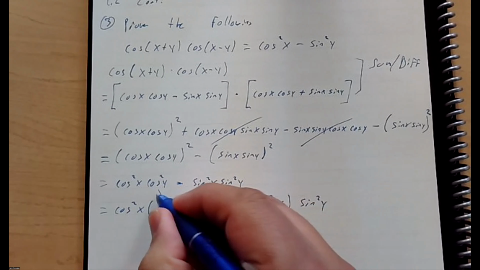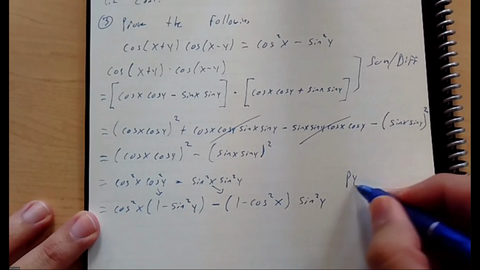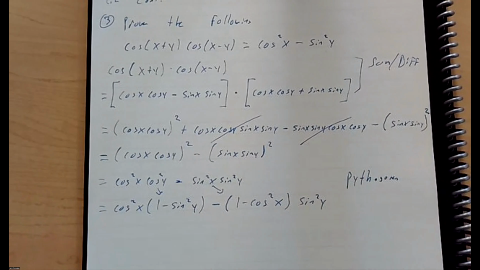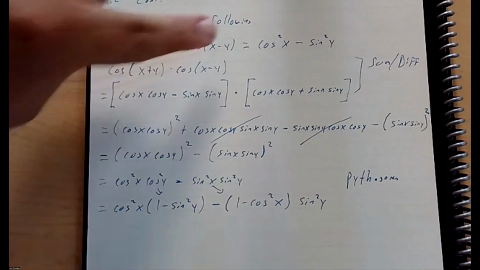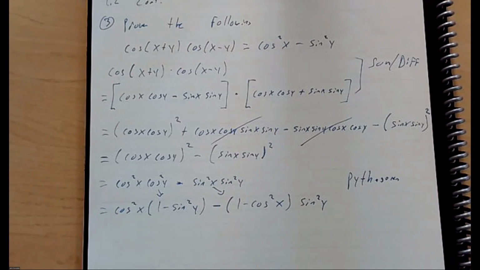So I changed this one right there, and this one. We did Pythagorean right here. We did it twice. So at this point, I'm going to multiply stuff out and hope something cancels and leaves me only with what I'm trying to get to. If it doesn't work out, then I should try something else. And life sucks.